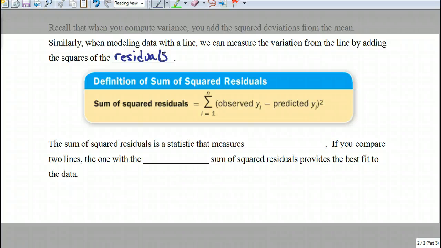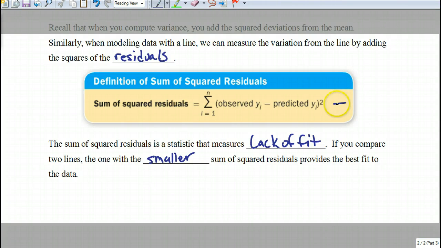The sum of squared residuals is a statistic that measures the lack of fit. So if you compare two lines, the one with the smaller sum of squared residuals provides the best fit to the data.